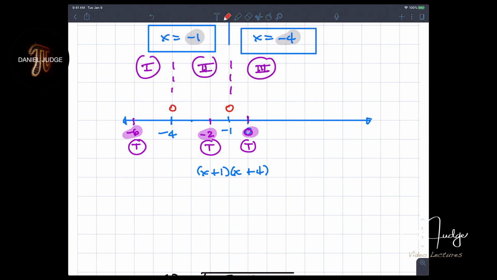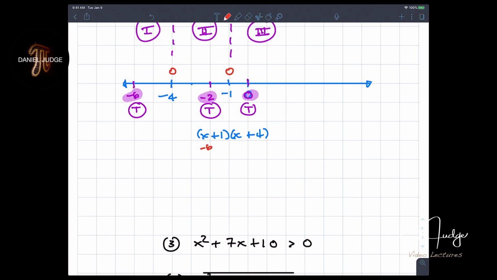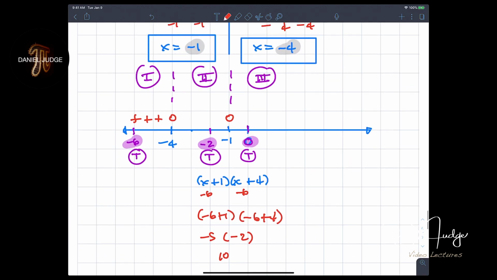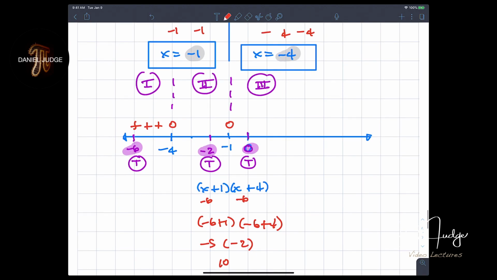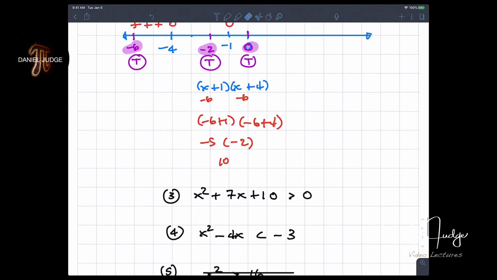We're going to plug in those numbers. So when you plug in negative 6 here, you get negative 6 plus 1 times negative 6 plus 4. Negative 5, negative 2. Negative times a negative is positive. So region 1 is positive. Now, region 2, ladies and gentlemen, we're going to test region 2.